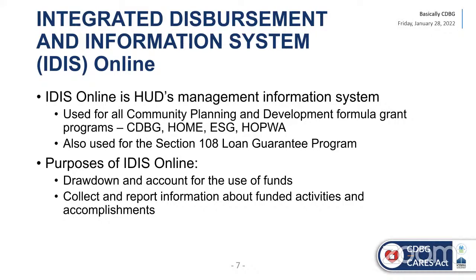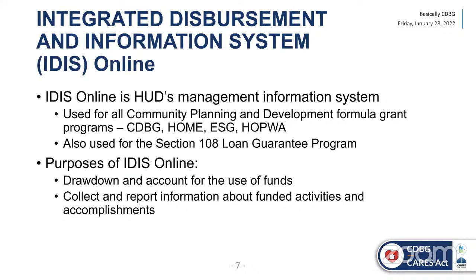So IDIS is the interface that allows users to submit vouchers, approve vouchers, and then submit to LOCCS to get the funds to the grantee's account. The other purpose of IDIS Online is to collect and report information about CPD funded activities and also collect accomplishments.